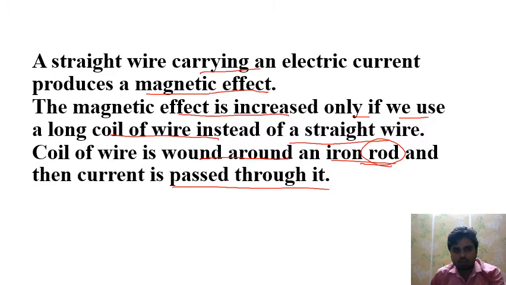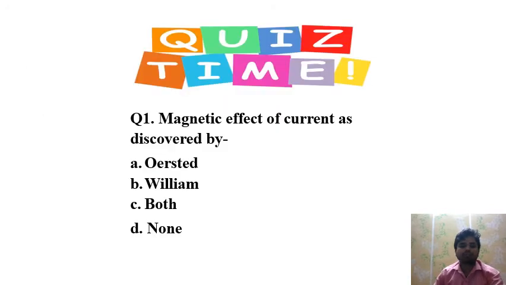So there is a simple concept that if we want to increase the magnetic effect, then we have to increase the number of coils. And another thing we can do, we have to wind it around the iron rod. Is it clear? Yes.